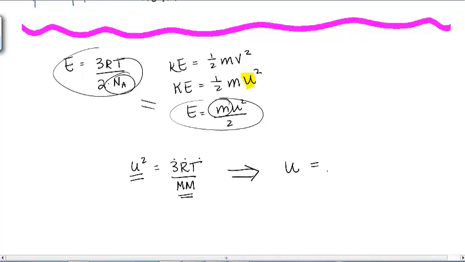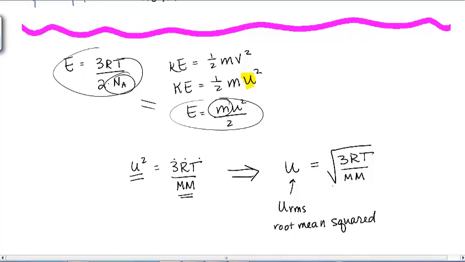So we'll take the square root, and we get this equation. This velocity is often referred to as u RMS, which stands for root mean squared velocity. You can see why it's root: it used to be squared, now it's the root of the square. For us, this is important just as the average speed of a molecule, so we're going to call it that.